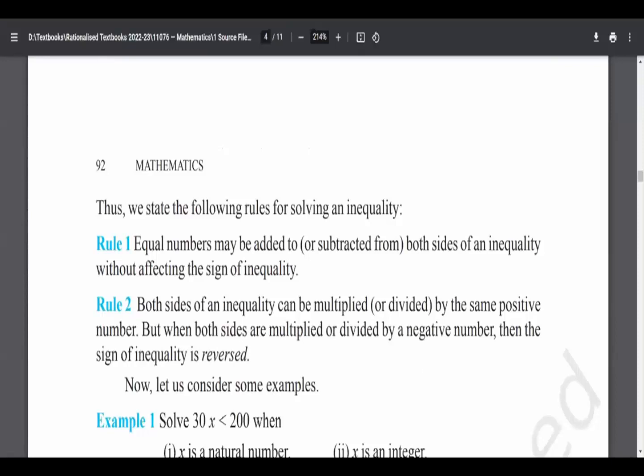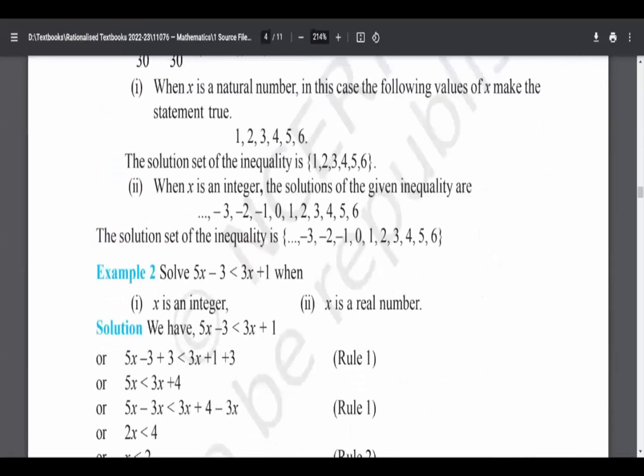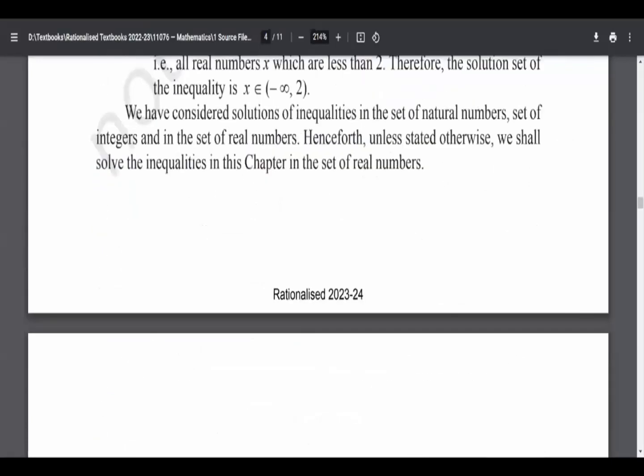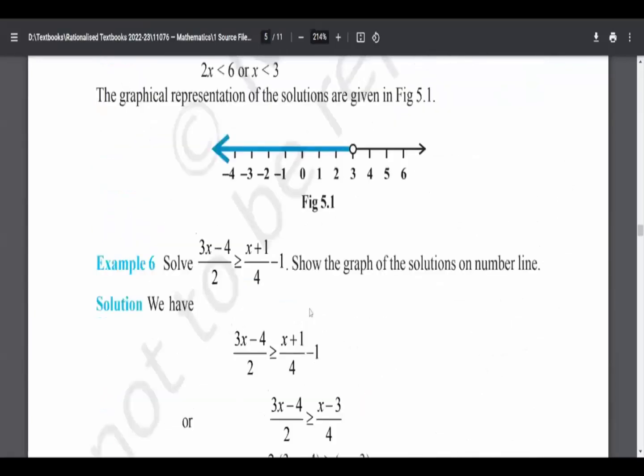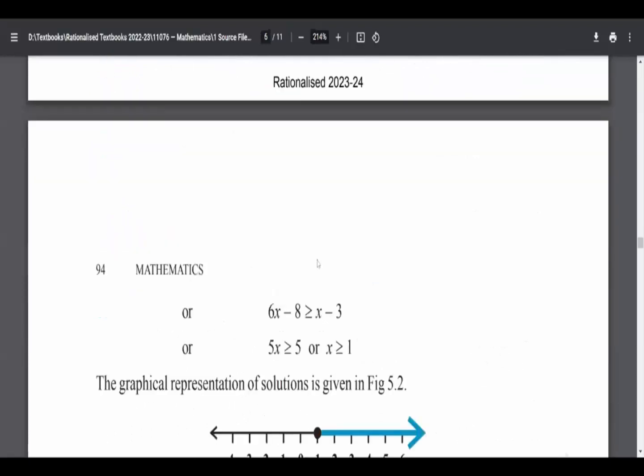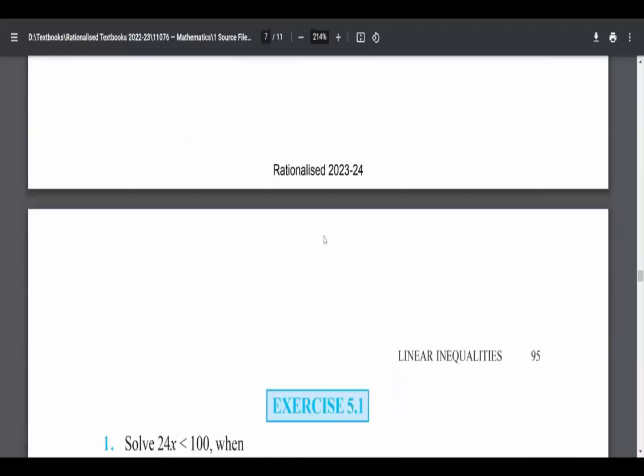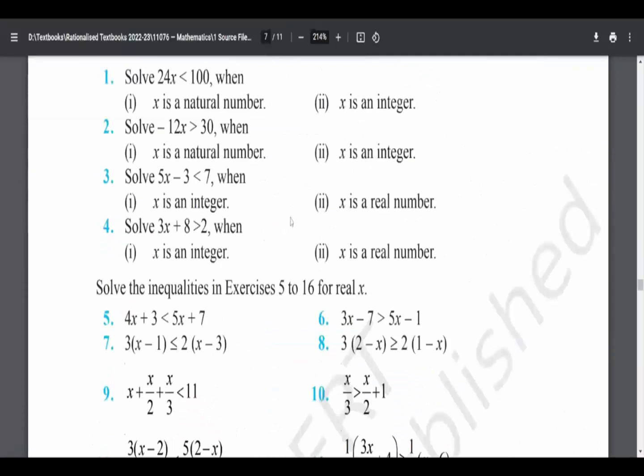And both the sides of inequality can be multiplied or divided by the same positive number. And if we divide or multiply by a negative number, we just change the sign. The sign of inequality is reversed. Okay. Just two simple rules you have to remember. Or you can easily remember this. This is kind of common sense. We all know this. So using this, we have solved till here, question number 14.